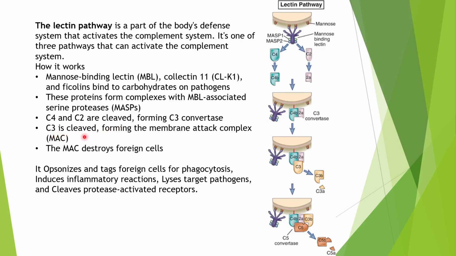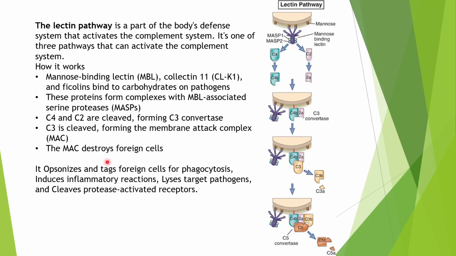Then C3 is cleaved, leading to the membrane attack complex. So here we have again C3b, C3a, and then again we have the C5 convertase complex, and then C5 convertase again gives rise to C5b and C5a.